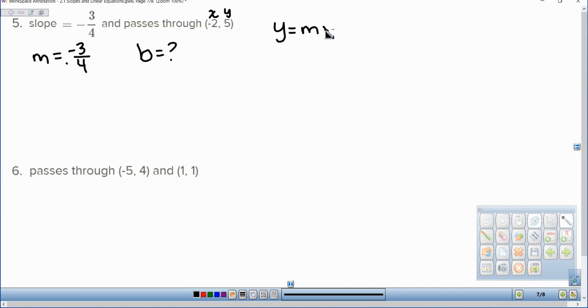So if I use y equals mx plus b as my outline here, I know the y value can be listed as 5 because of the y being 5 right here. And I know the slope is negative 3/4 because that's what they gave me. And I know that the x value can be negative 2. So if I go to solve this, I will then be able to find out what my y-intercept is.